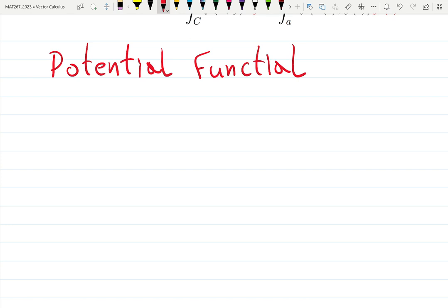Potential function is a function f such that capital F equals the derivative of f. Oh yeah, I'm correct.